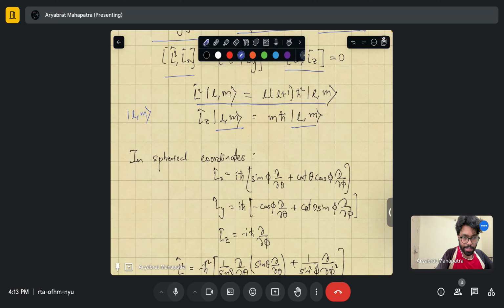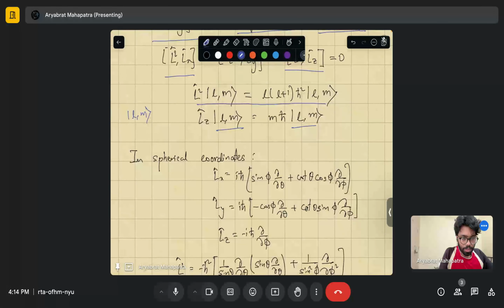If you do quantum mechanics in a three-dimensional system, you would have three kinds of quantum numbers, n, l and m. Out of those three quantum numbers, l and m are your angular momentum quantum numbers, and they come from the spherical harmonics. We need to make sure that the three-dimensional system we are talking about is spherically symmetric.